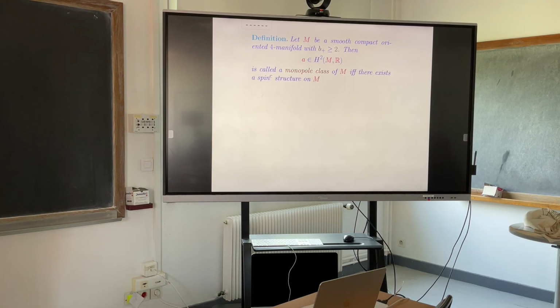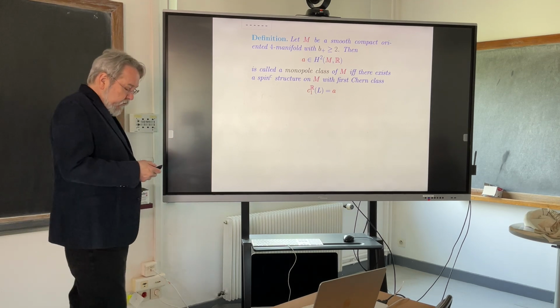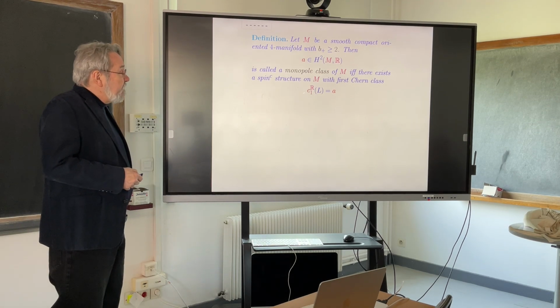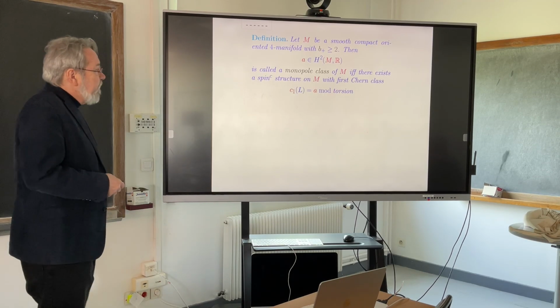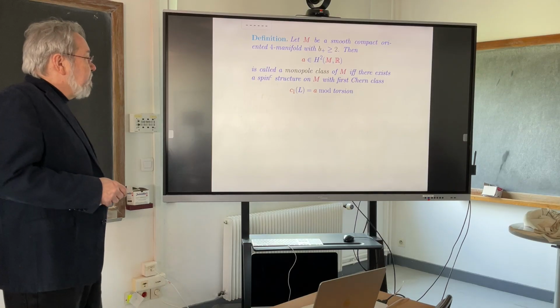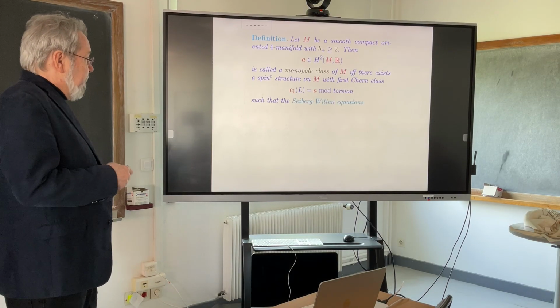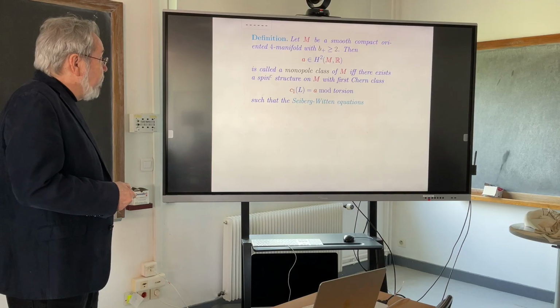It's called a monopole class if there's a spin-C structure on M whose first Chern class with real coefficients is A, or equivalently, if c1 of L mod torsion for this spin-C structure is this element of real cohomology.